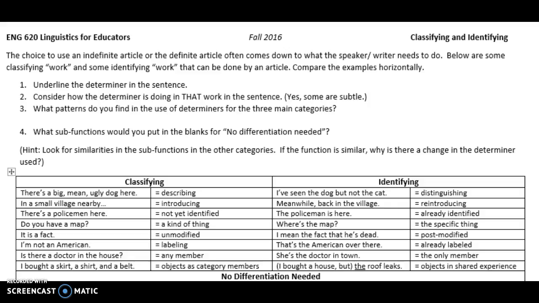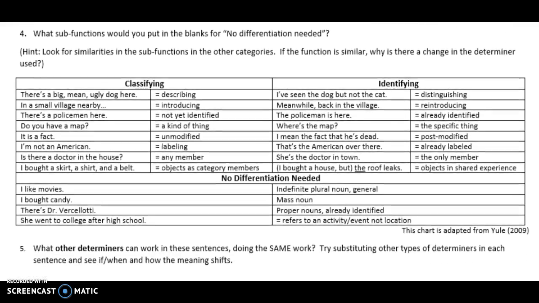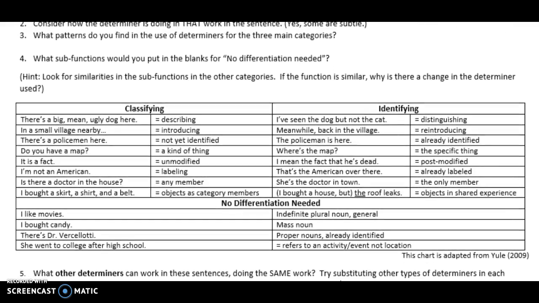Now at the bottom of this chart by Yule we have no differentiation needed. So there are times where there are noun phrases without any article or any determiner. And there are some reasons here. I'm going to just cover them up for a little bit, and we'll talk through them. One reason is I like movies.